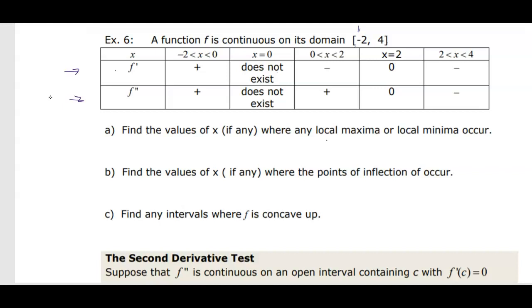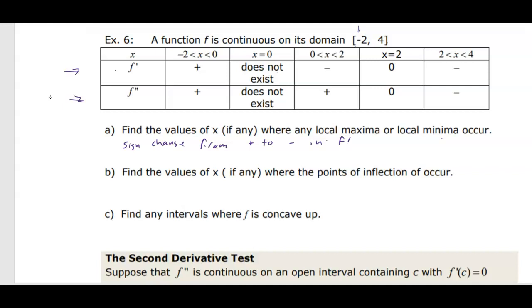First, I want to know where local maxima or local minima are. I'm looking for a sign change from plus to minus in f prime. Or I could be looking for a critical value.